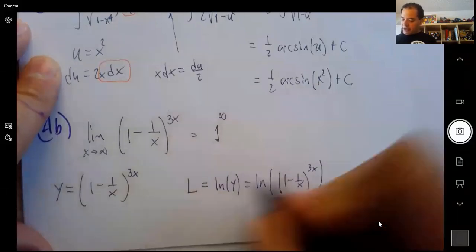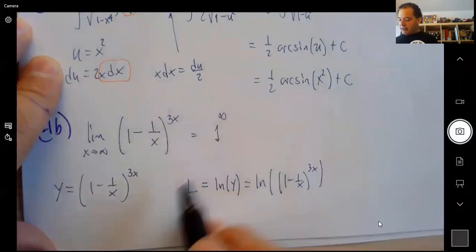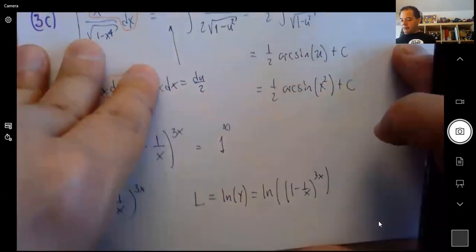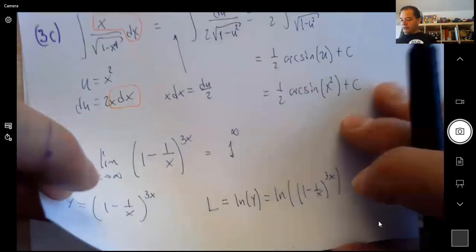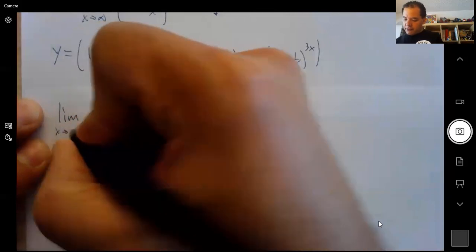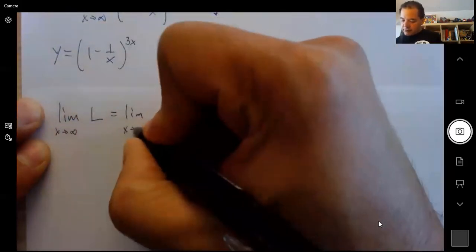You just do ln of this part over here, right? And the idea is to do the limit of the L, because the limit of the L will be easy, okay? So we do the limit of the L when x goes to infinity. That will be the limit when x goes to infinity.